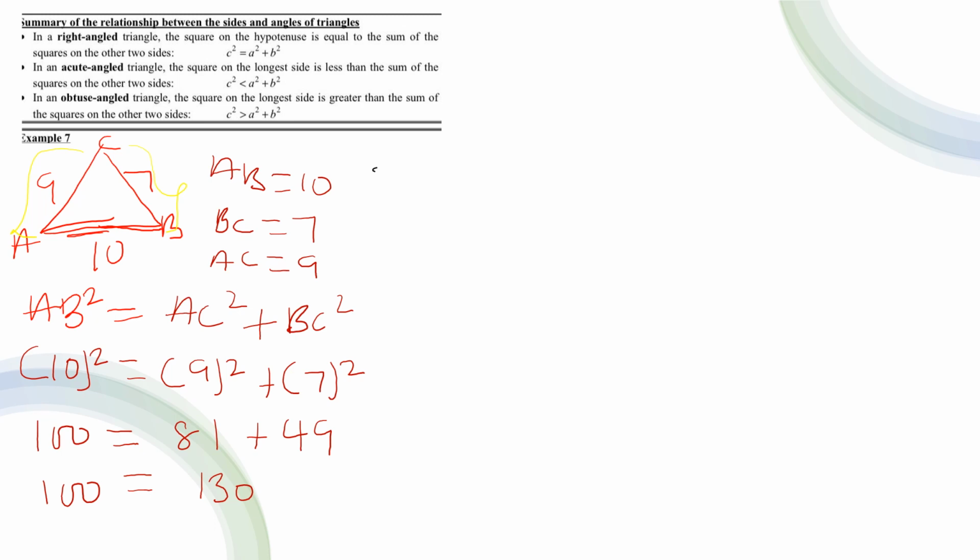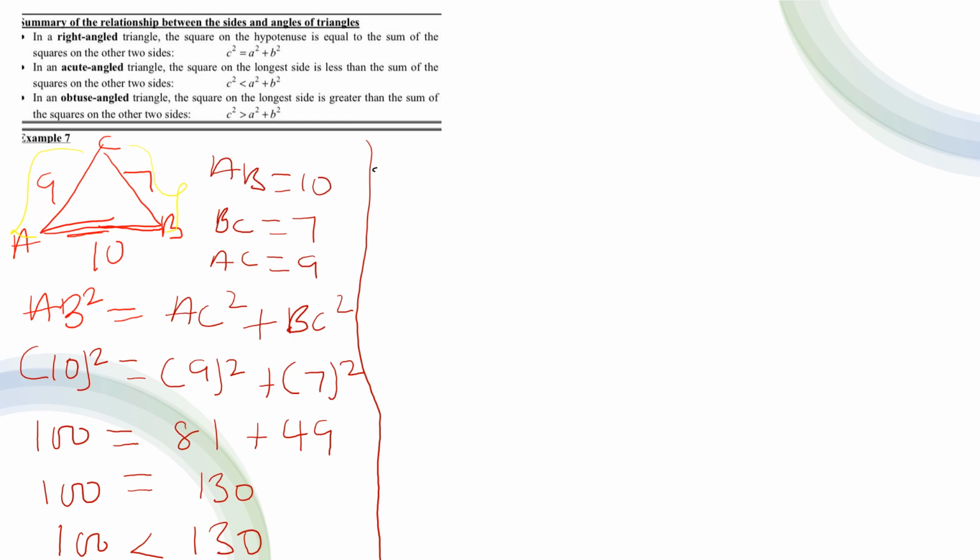When we add AC squared plus BC squared, it gives us 130. The longest side is 100. So we ask ourselves, is the longest side bigger than the sum of the other two sides? No. So 100 is less than 130. Then we go to our summary.